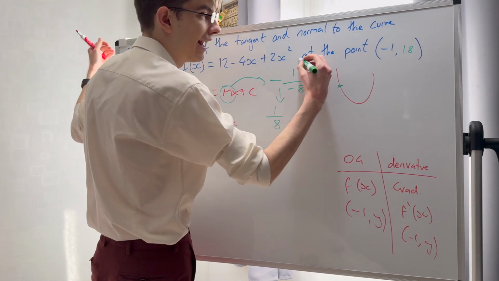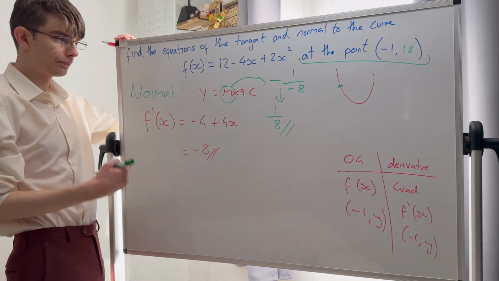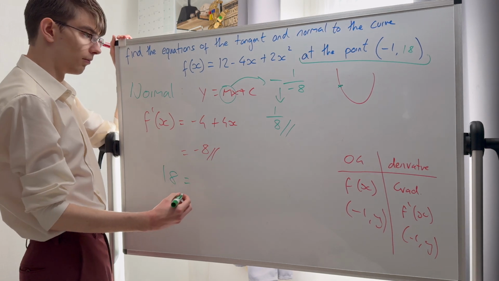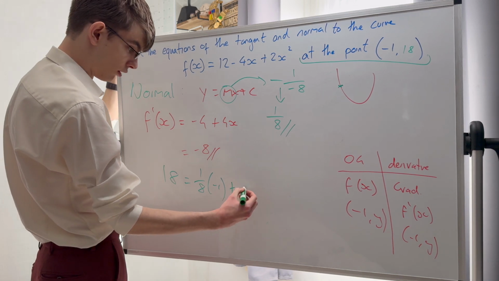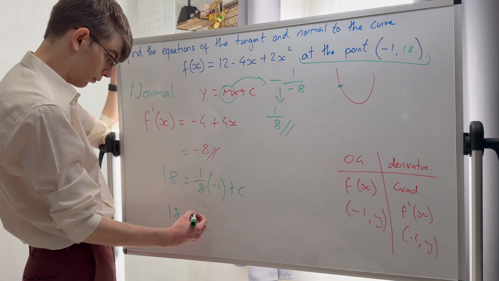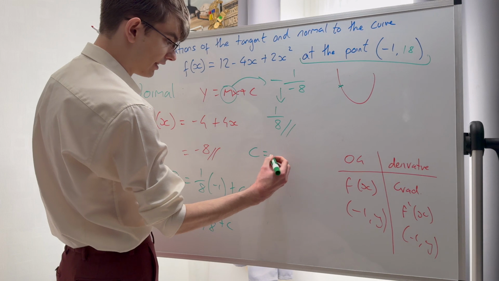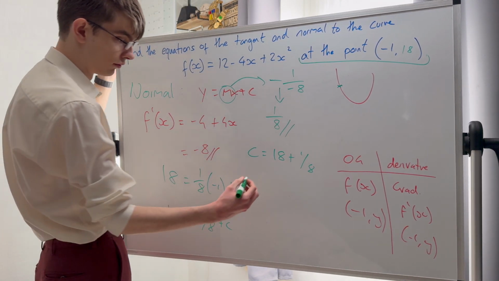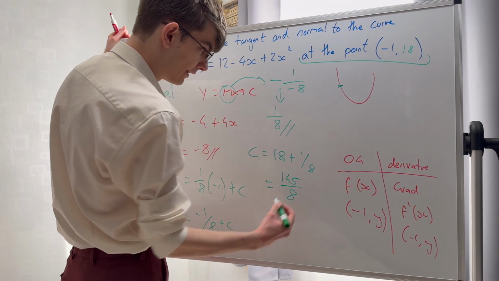That's the point of it telling me to find the tangent and the normal at this point. So if I put in this information again, my y is 18, my m is 1 over 8, my x is minus 1. So if I do all this, I get 18 equals minus 1 over 8 plus c. So I get that c is 18 plus 1 over 8, which gives me 145 over 8.